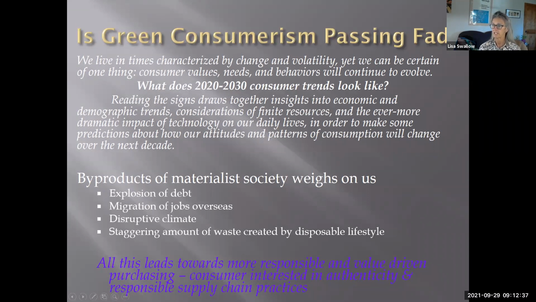This is a really big deal too, not just the end product itself, but consumers increasingly interested in responsible supply chains. Supply chain refers to all the raw materials, the labor, everything that went into a final product.